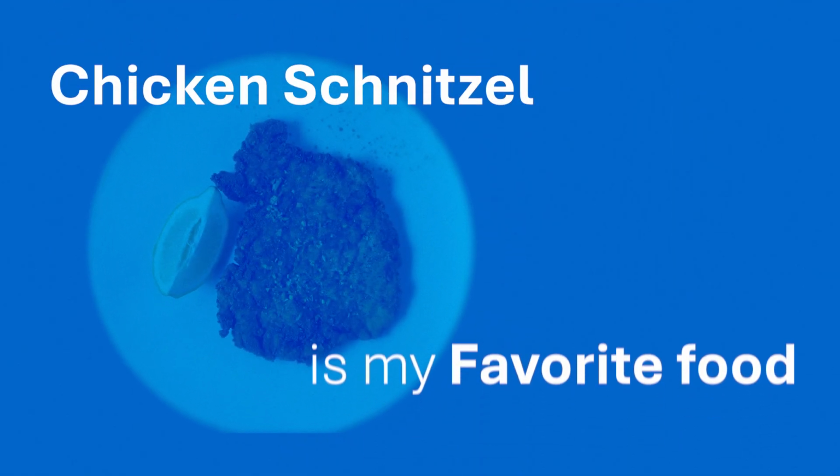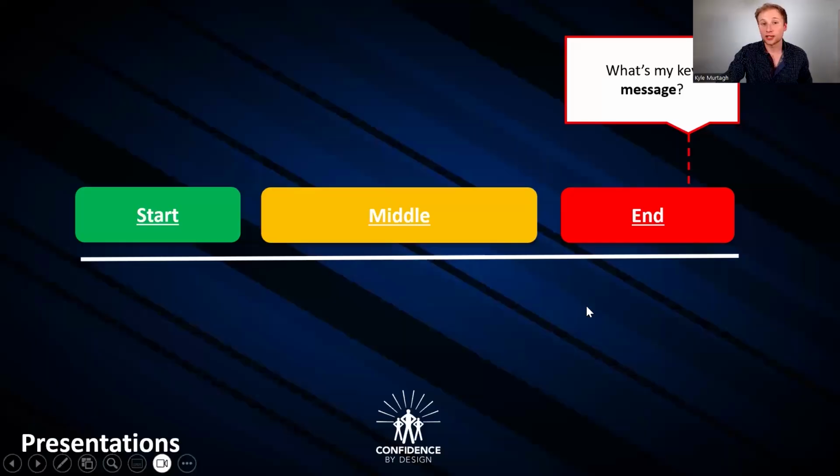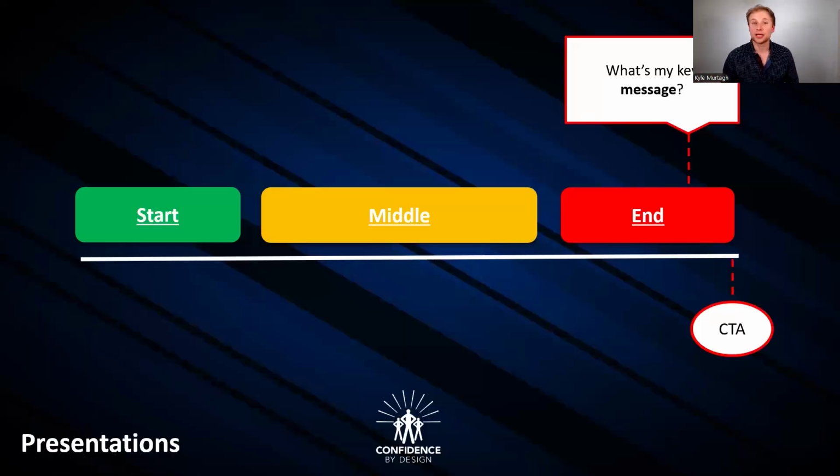Yes, the chicken schnitzel is my favorite food. So now that I know that that's my message, the schnitzel is the boss, I can then begin to create the rest of my presentation. For example, my ending is going to be a call to action where I encourage other people to try, for the first time perhaps, a chicken schnitzel. So that's what my ending is going to look like.